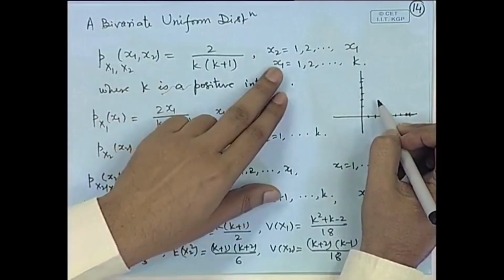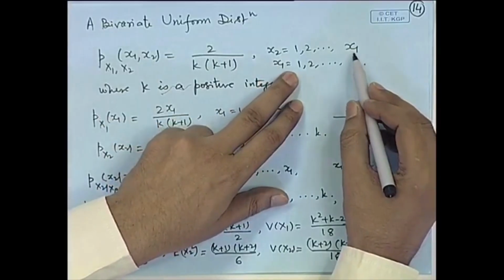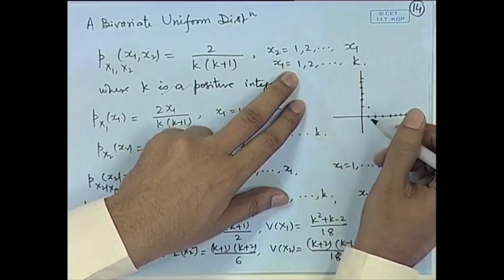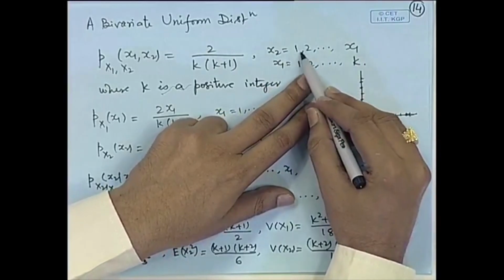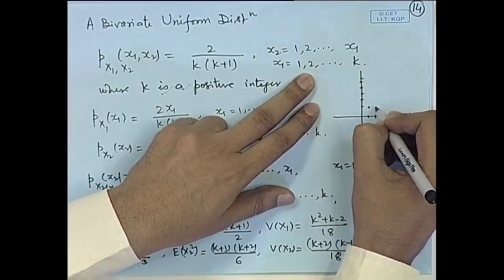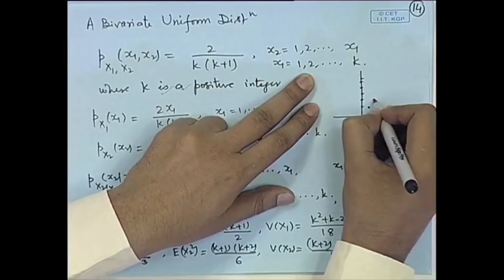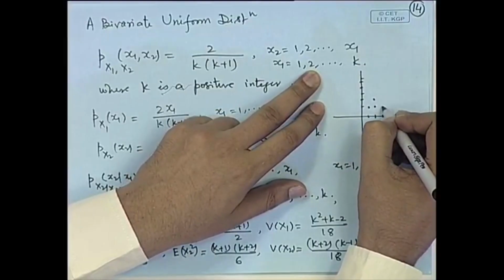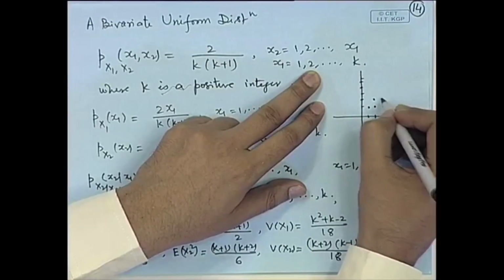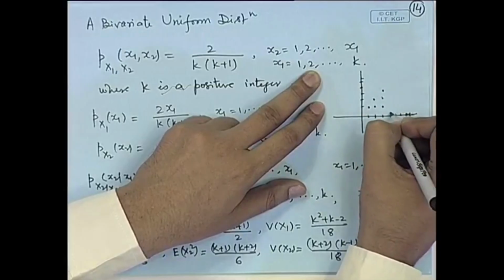then if I take x1 equal to 1, then x2 will take value 1. If I take x1 equal to 2, then x2 can take values 1 and 2. If I take x1 equal to 3, then x2 can take values 1, 2 and 3.